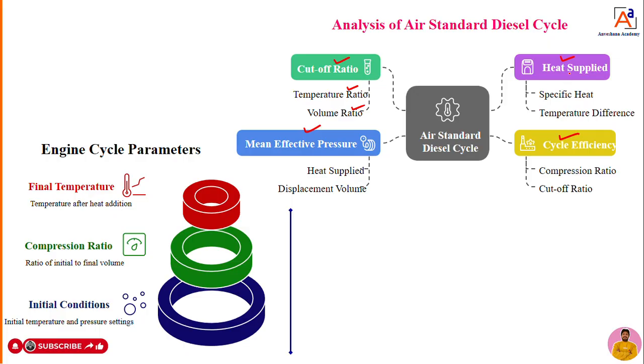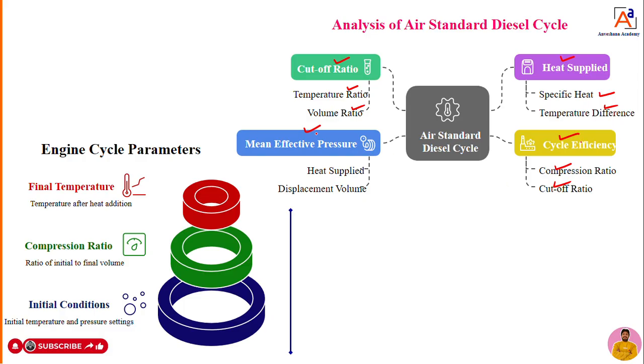If you want to calculate the heat supply, right? Because these four are our findings. To calculate all these four parameters we require some data. If I want to calculate the heat supply, I should know the value of specific heat and the value of temperature difference. Then I can calculate the heat supply. To calculate the cycle efficiency, I should know the compression ratio and the cutoff ratio.